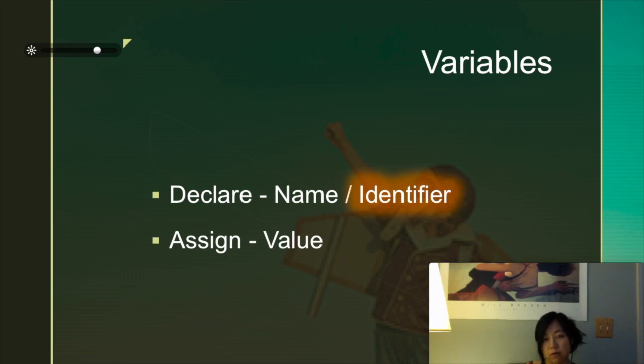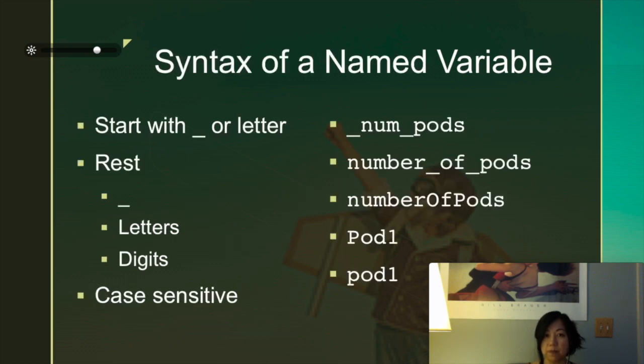For the variable, you declare it with a name, which we call an identifier, and then you will assign a value to it. All programming languages have certain rules for what can be a variable name.